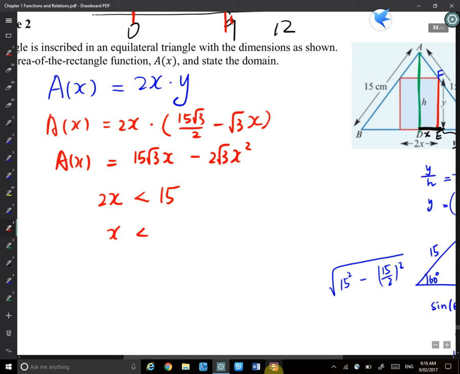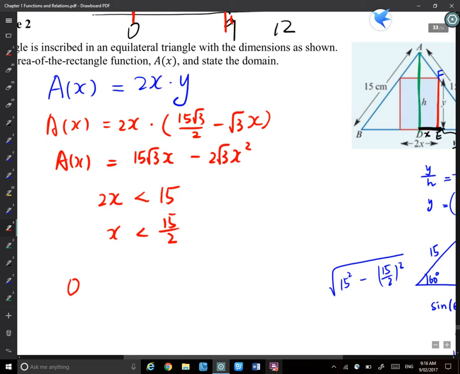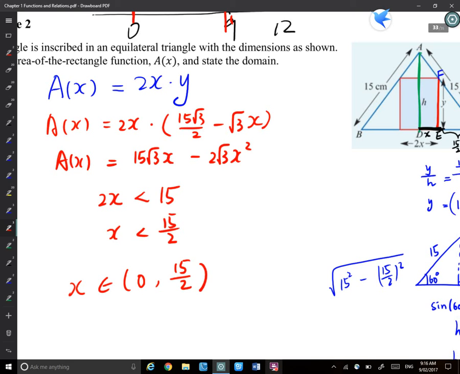So I would say my x is smaller than 15 over 2. I cannot go too far away. But at the same time, x cannot be smaller than 0. So I will say x is in between 0 and 15 over 2.